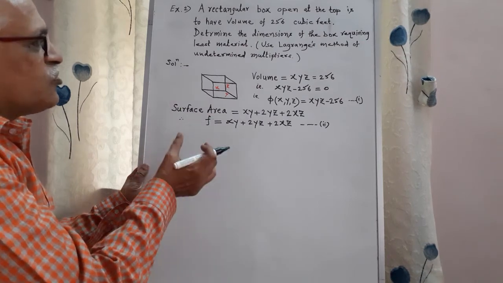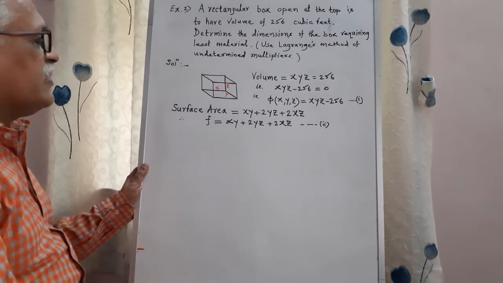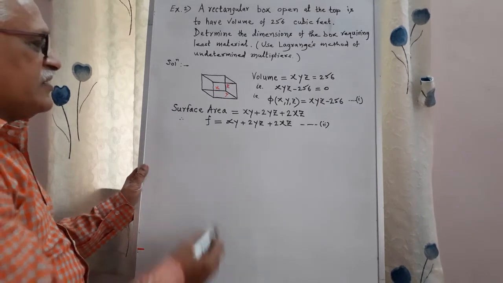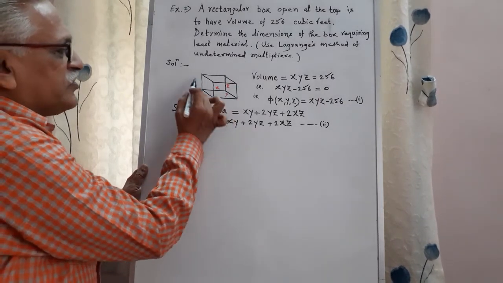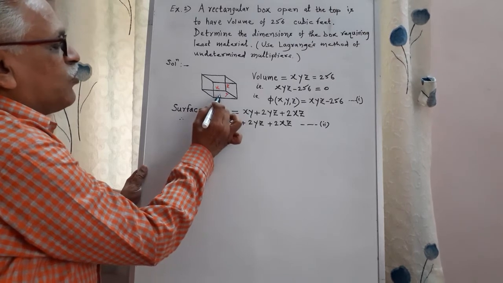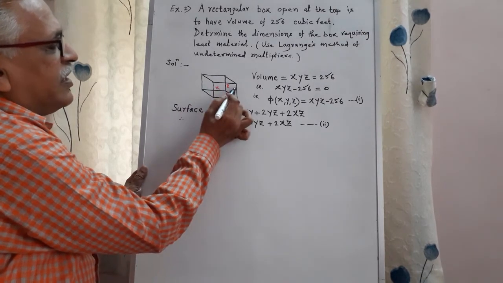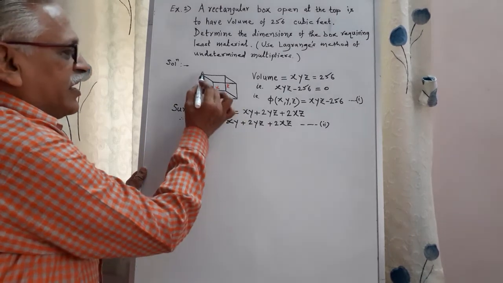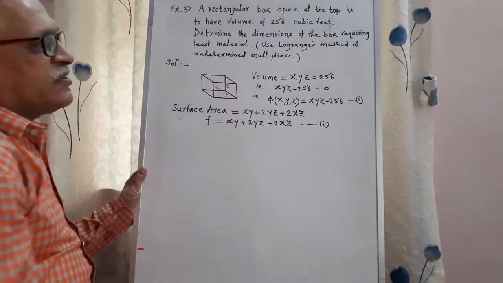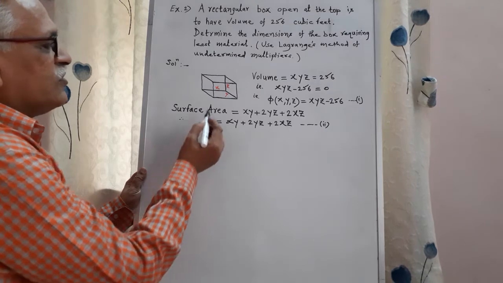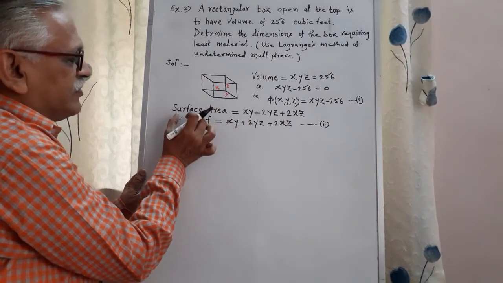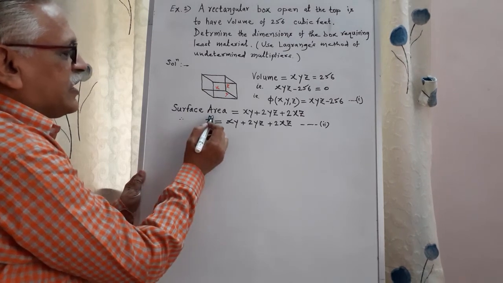And then to obtain that material, we require to find the surface area. This rectangular box has 6 sides: bottom, upper, this, and the back side. Out of the 6 sides, the upper top is open, and therefore we try to find the material required by finding the surface area.